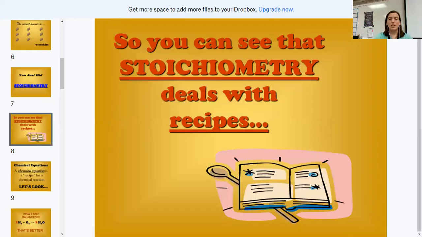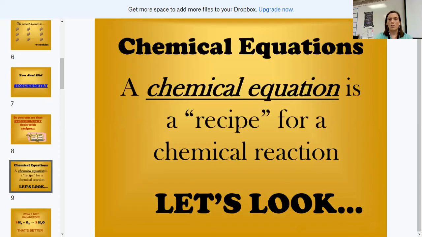So you can see that stoichiometry deals with recipes. And the chemical equation is the recipe for the chemical reaction. I'm going to make sure that you have time to fill in the blanks. A chemical equation is the recipe for the chemical reaction.